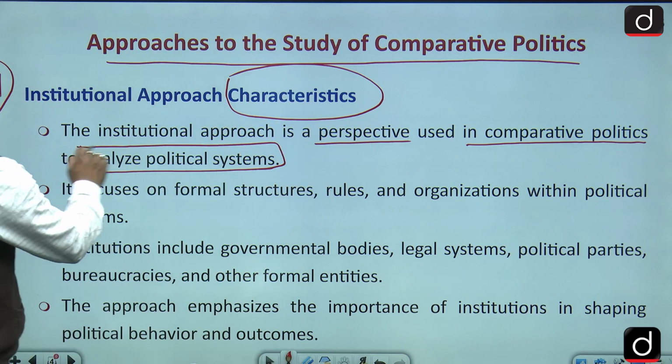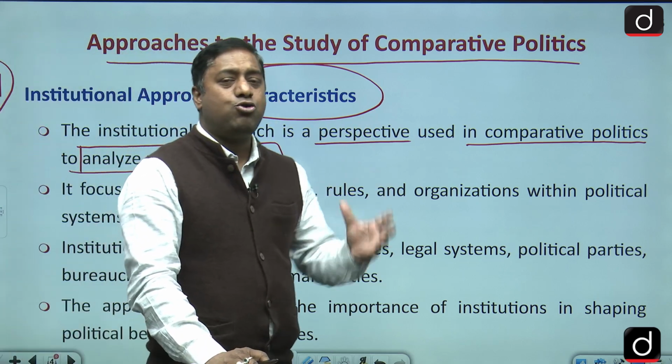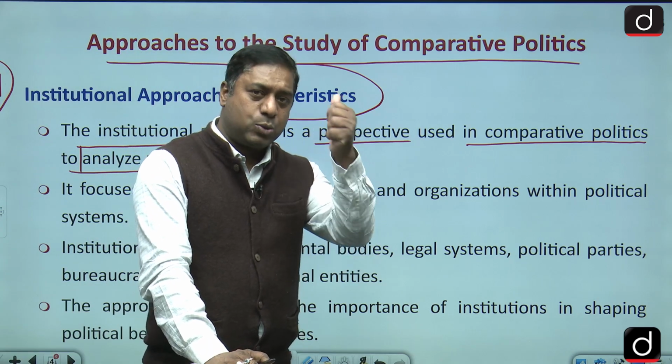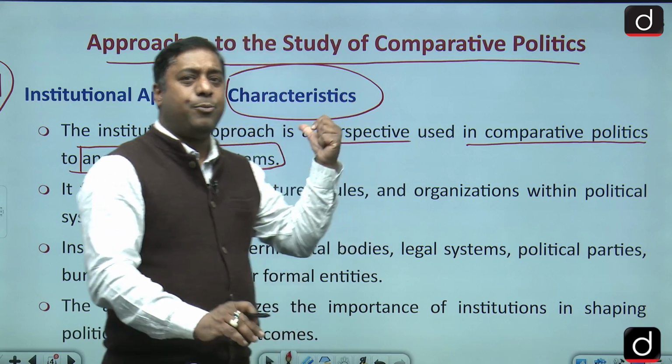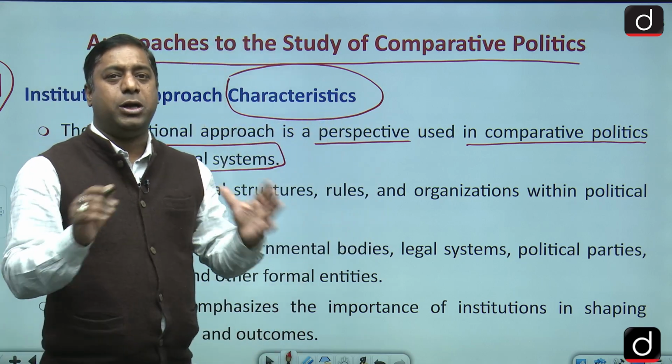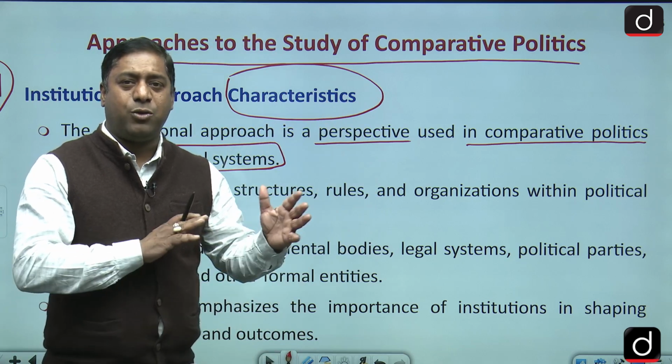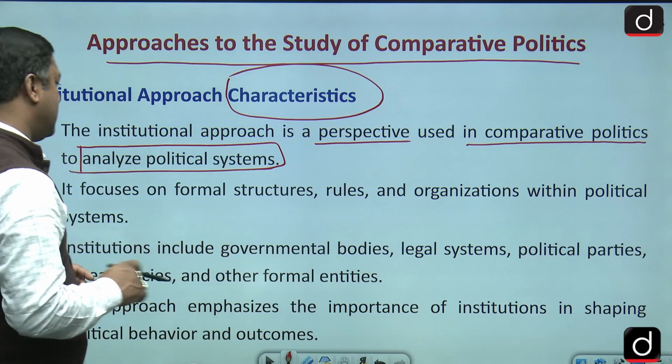The first point is that this approach will try to analyze the political system, try to find out the entire political system.